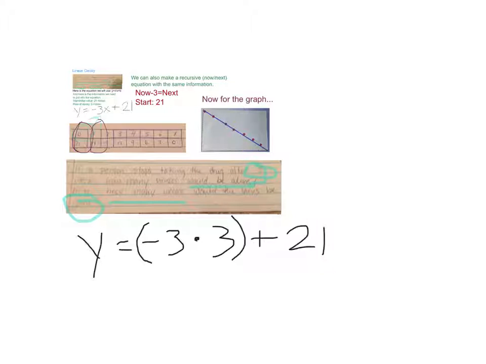For problem 1, the plugged-in equation would be y equals -3 times 3 plus 21, with the multiplication in parentheses. Once solved, the equation would be this.